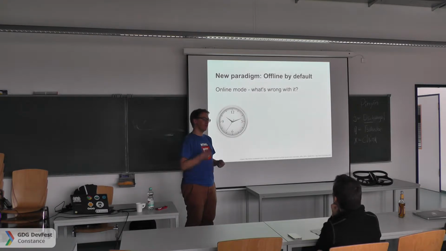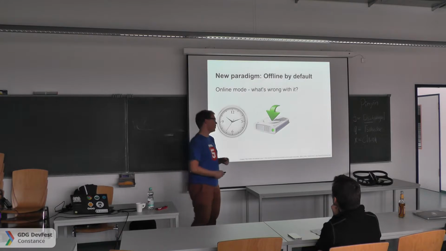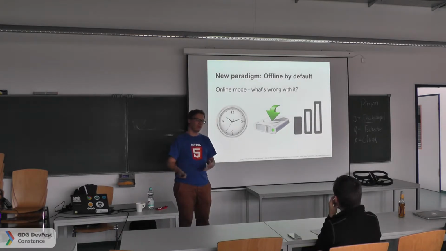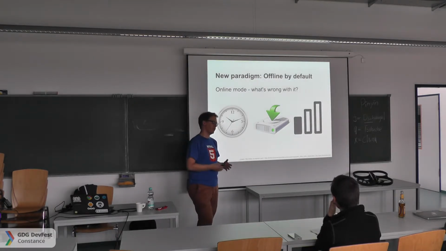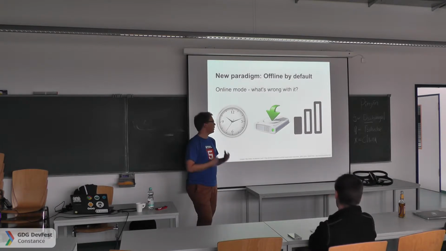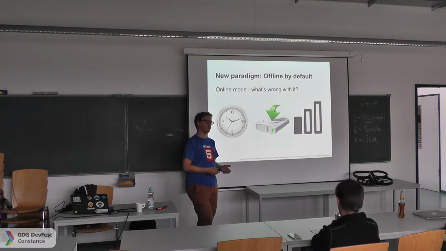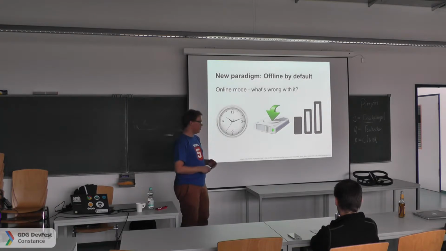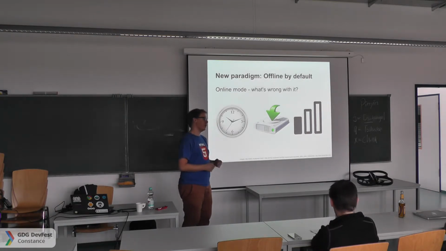Because starting up a website and downloading all the stuff takes time, and also people are using more and more mobile connections, and the connections are flaky. So build your app in such a way that you don't have to rely on a constant internet connection, but deliver the best experience in an offline mode and only use the internet connection when it's available and needed for updates or whatever.